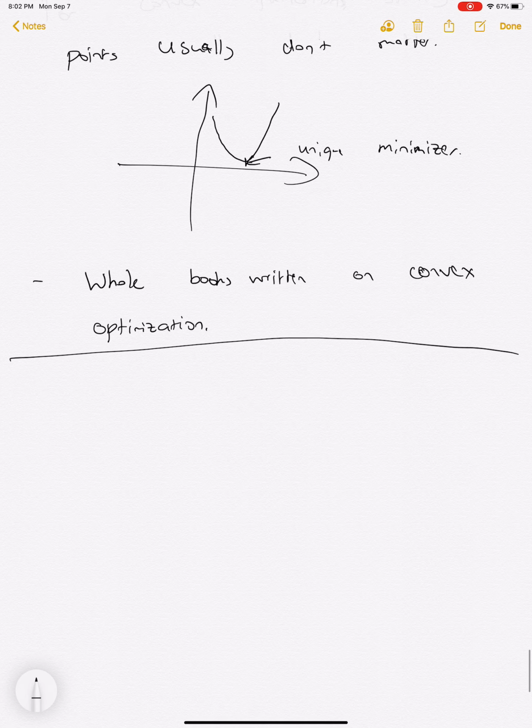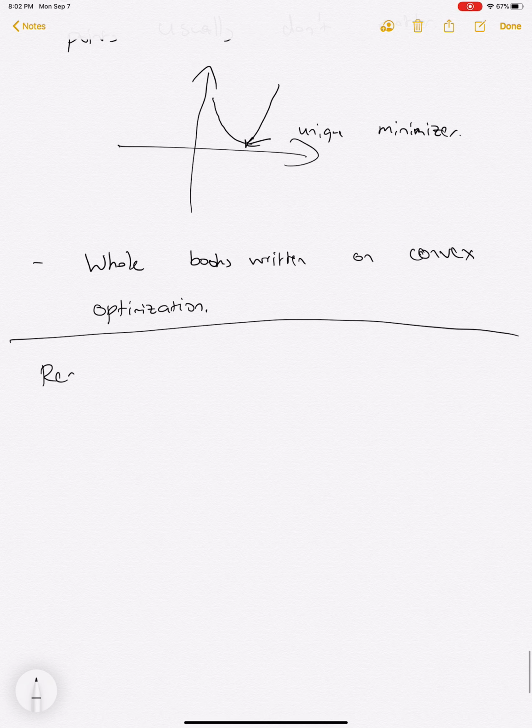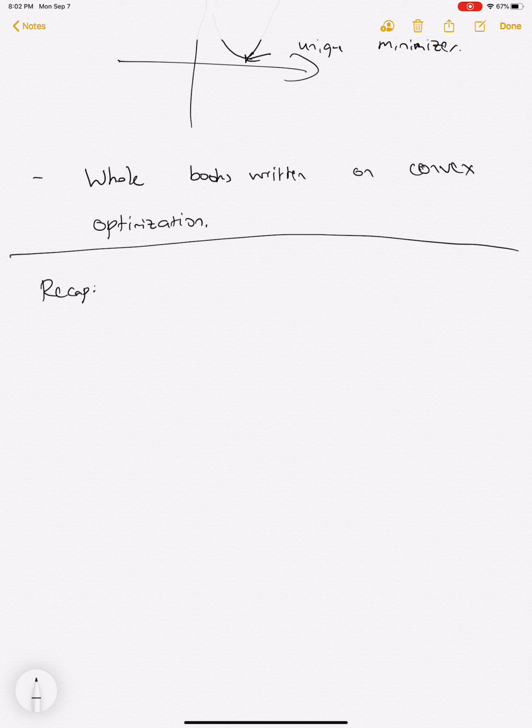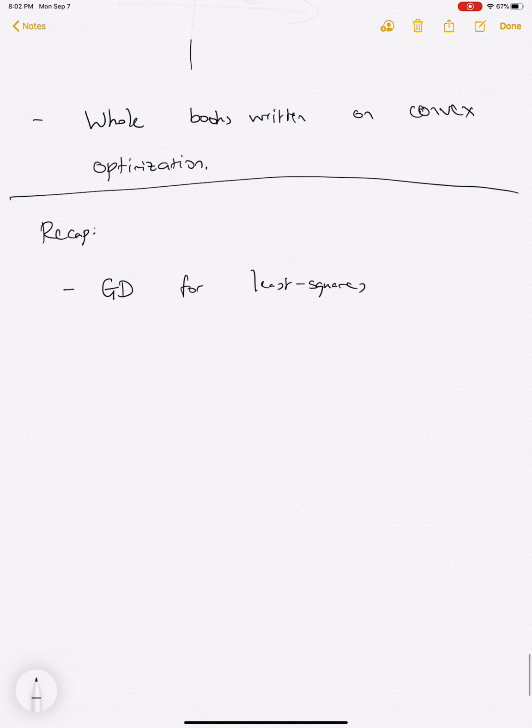Just to recap, for gradient descent for least squares, we derived explicit updates.